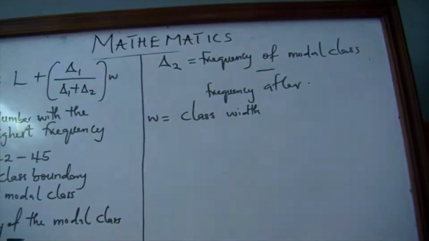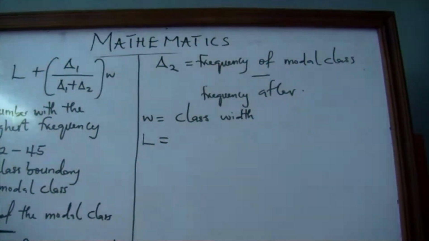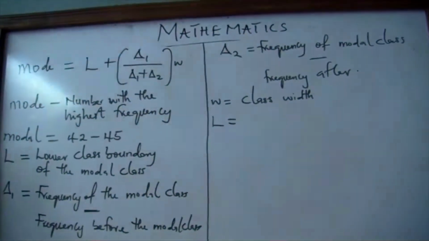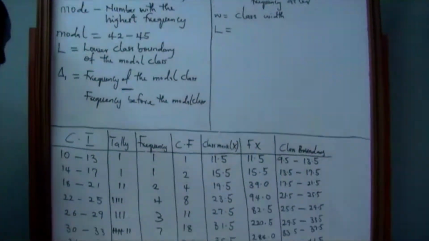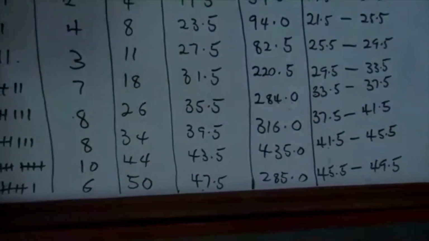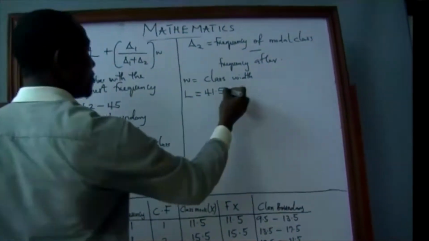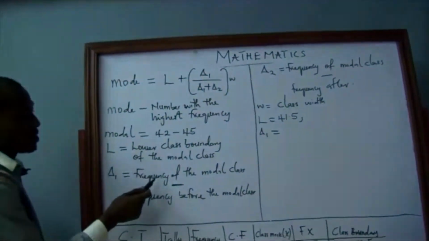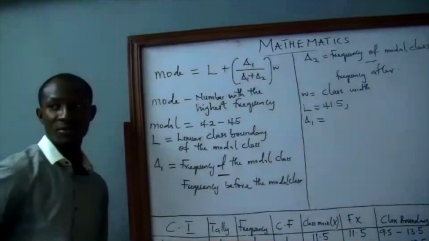So from the data, we realize that L, since this is the modal class, the lower class boundary of the modal class is 41.5 from here. Delta 1 is the frequency of the modal class minus the frequency before the modal class.